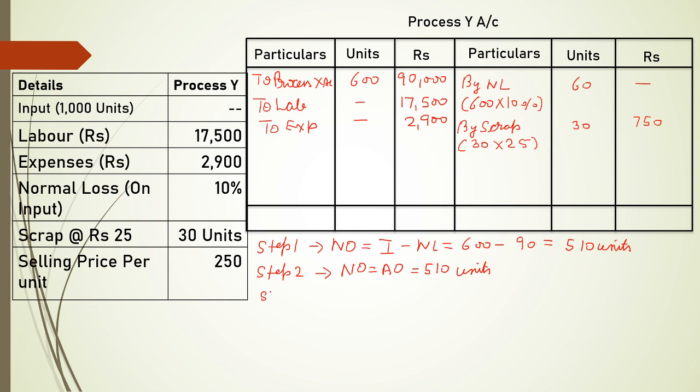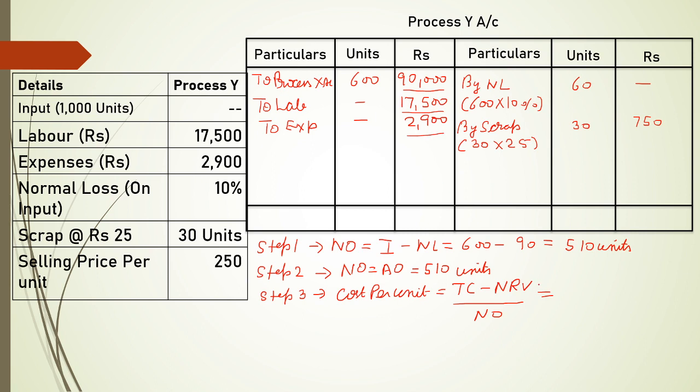Now in step number 3, we calculate cost per unit, and the formula to calculate cost per unit is total cost minus net realizable value divided by normal output. Here the total cost consists of the goods transferred from process X costing rupees 90,000, labor cost 17,500, and expenses 2,900.